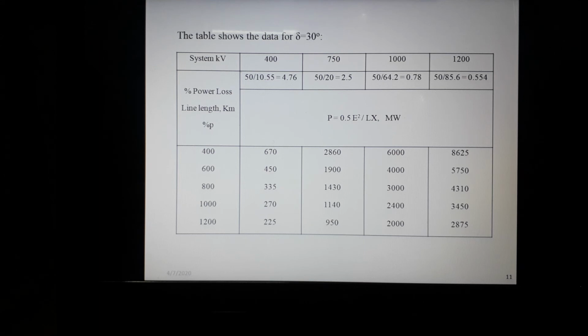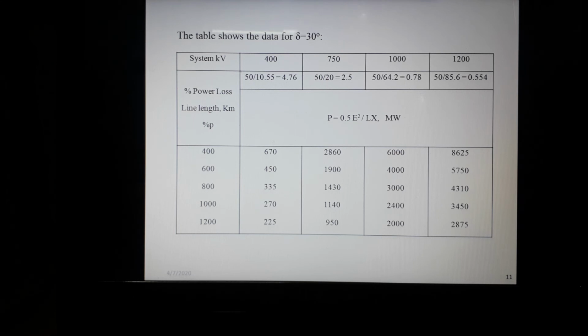For delta equal to 30 degrees, the percentage power loss at different system voltages, that is 400 kV, 750 kV, 1000 kV and 1200 kV, and at different line lengths in kilometers, 400, 600, 800, 1000, 1200 kilometers.